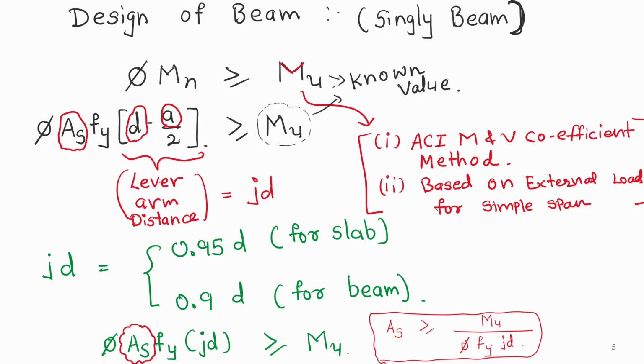Again, this is way before software, but for continuous beams, in the majority of cases, we are using software. So we need to find the extreme values for the moment.